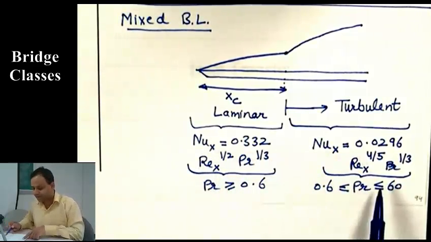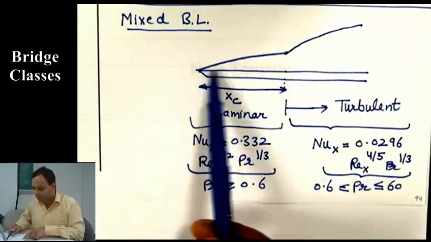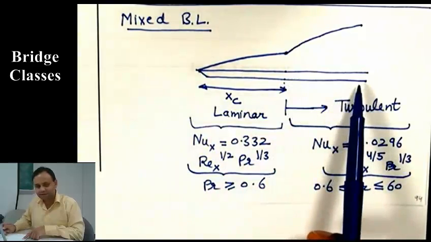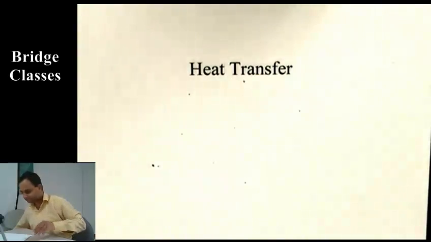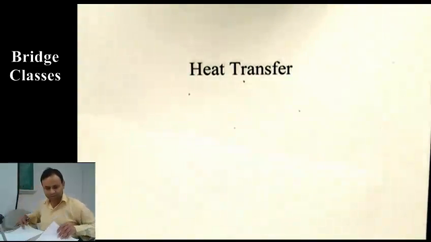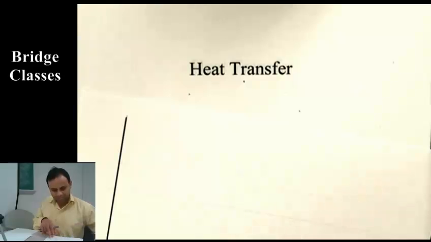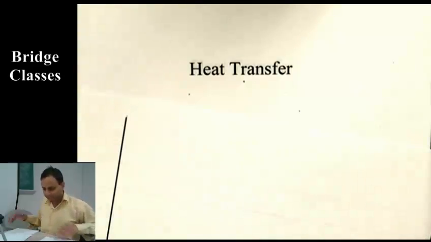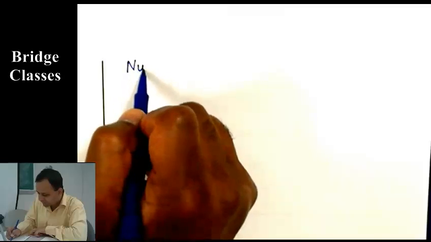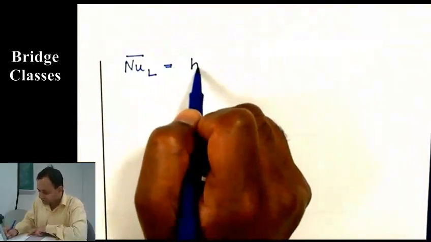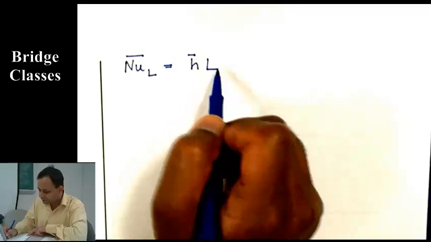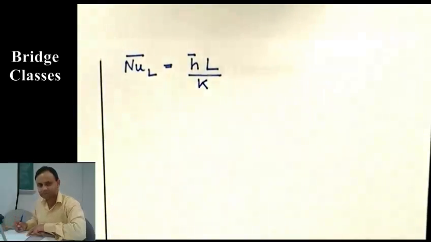But if we are interested in the average, now part of the boundary layer is laminar and part is turbulent. So the way we average is going to be different. Let me explain that. If you want to write an expression for the average Nusselt number over length L, this will be the average convection coefficient times length over K. Now how to get this average convection coefficient?